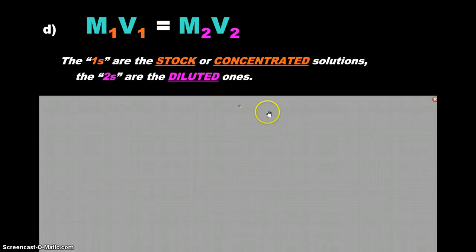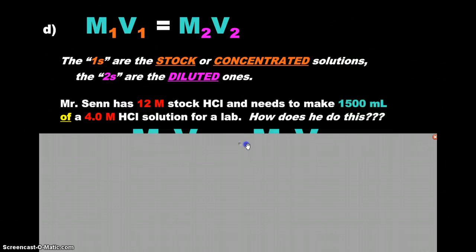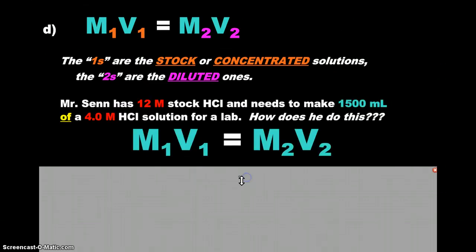And the 2s represent what we're diluting to. So here's the little question that's posed to you. If I have 12 molar stock hydrochloric acid and I need to make 1500 milliliters of a 4 molar hydrochloric acid solution for lab, how am I going to do this? Well, I'm going to need this equation, and I'm going to have to plug the numbers in the right spot.